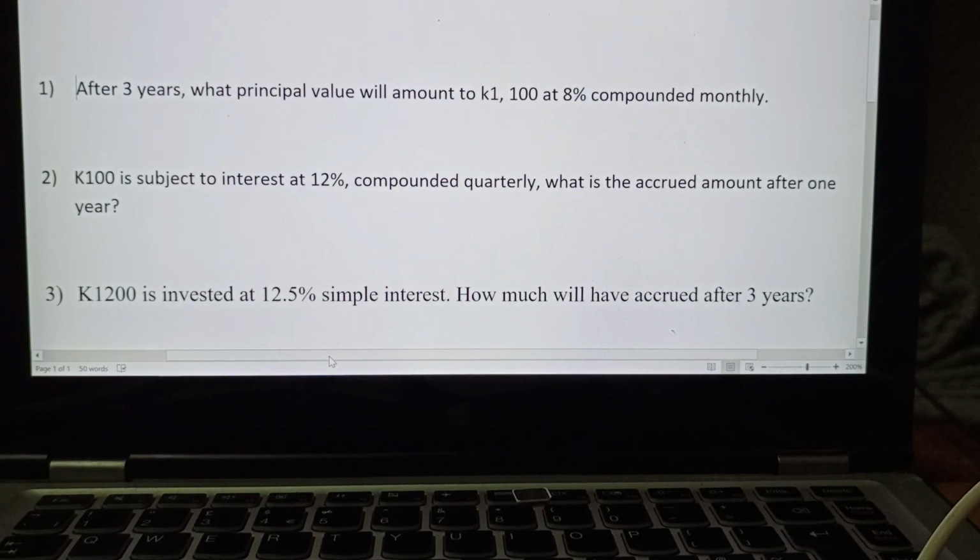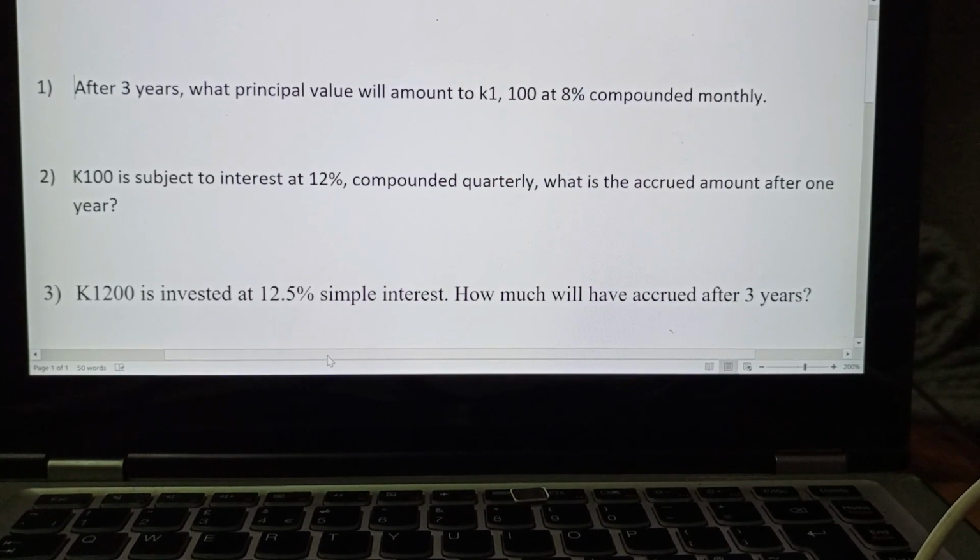So in this case, we will start with solving question 1. Remember, it reads after 3 years, where we have our time to be 3 and we do not have our principal, but we have the accrued amount. Just from the English itself, you can tell, will amount to 1,100. So we have the accrued amount, which is 1,100 at 8% compounded.